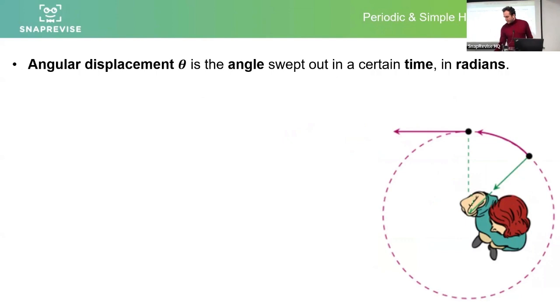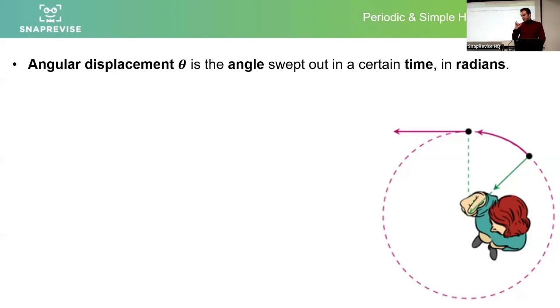Okay, I said that this part of the course was about establishing a few mathematical ground rules. An important concept to understand is angular displacement. Just as when we talk about linear motion, we'd talk about regular displacement.